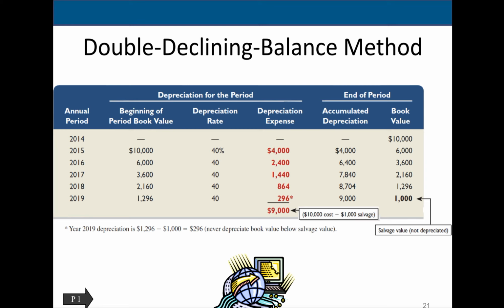So eventually, where you see this asterisk, okay, 1,296 times 40%, what is that? Someone with a calculator do that real quick. What's 1,296 times 0.4?